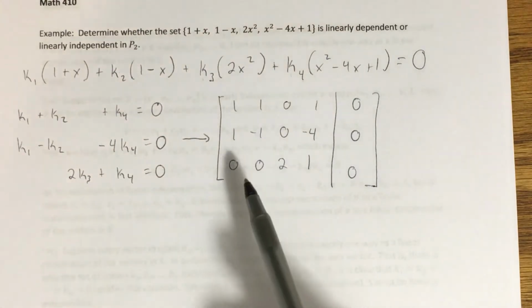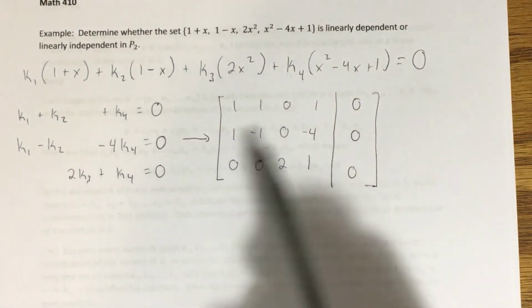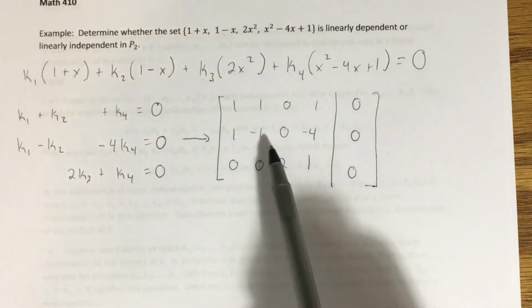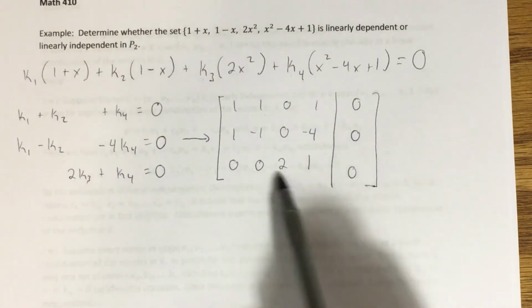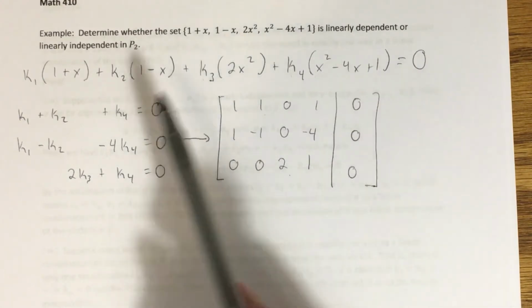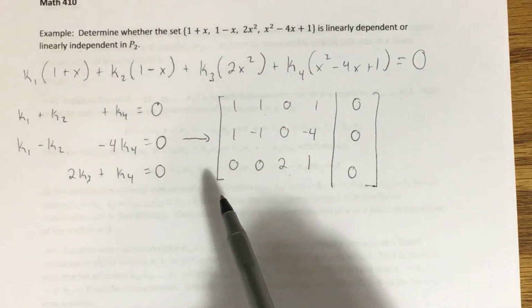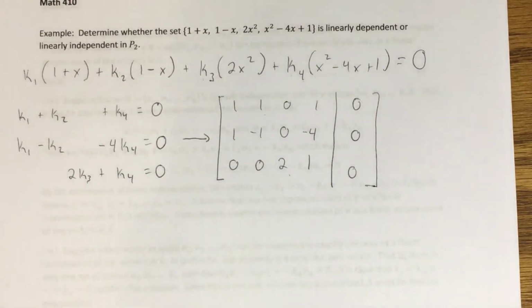Framing that in the language of linear systems, we're basically trying to determine if this homogeneous linear system has only the trivial solution, which would give us linear independence, or if it has non-trivial solutions, that would give us linear dependence.